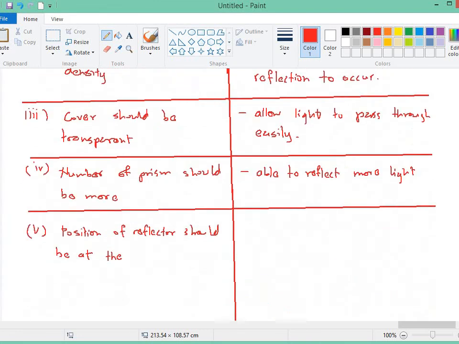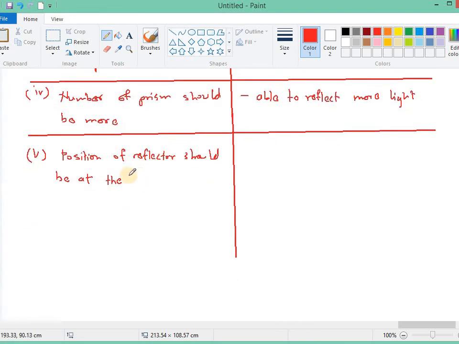Okay, position of reflector should be at a higher position, easy to be seen by car driver.